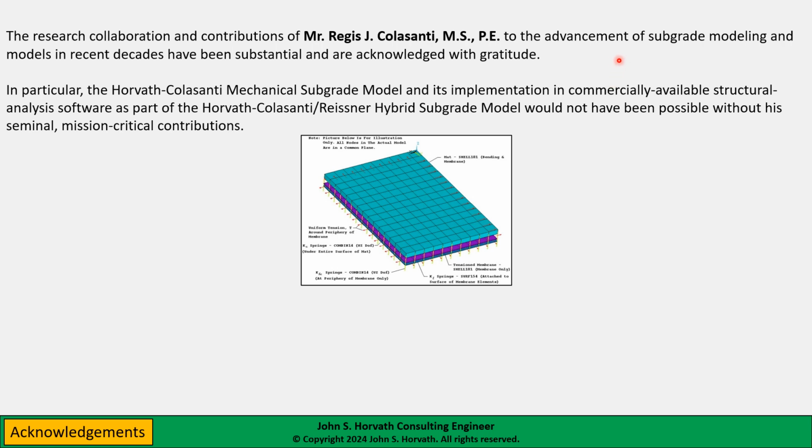In particular, the Horvath-Colasanti mechanical subgrade model and its implementation in commercially available structural analysis software as part of the Horvath-Colasanti-Reisner hybrid subgrade model would not have been possible without his seminal mission-critical contributions. I say this with all honesty.